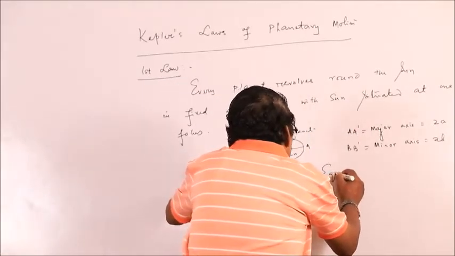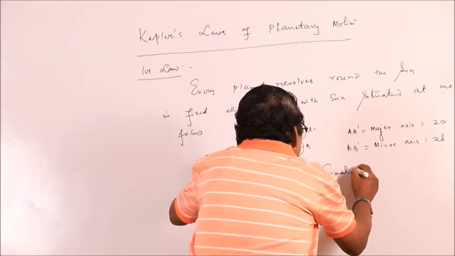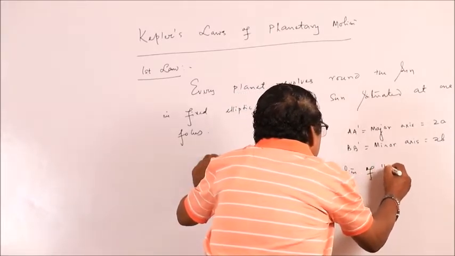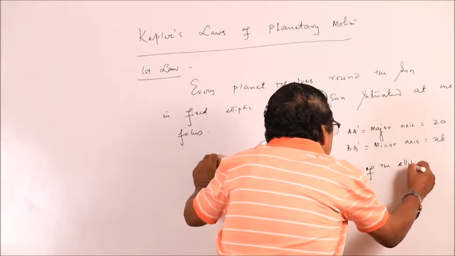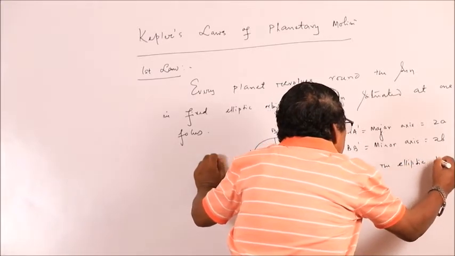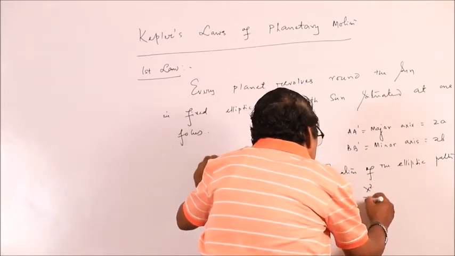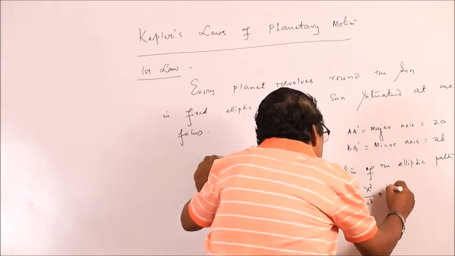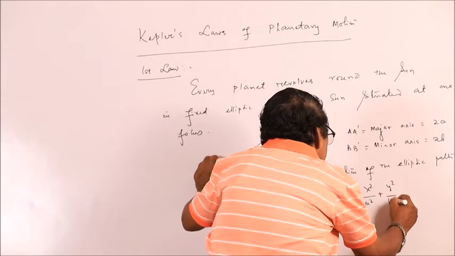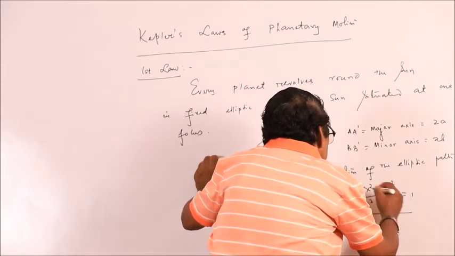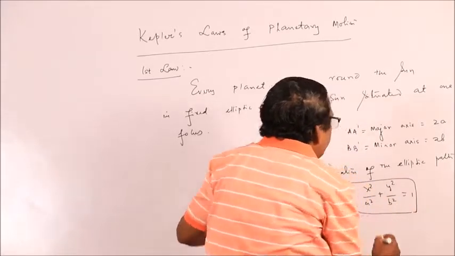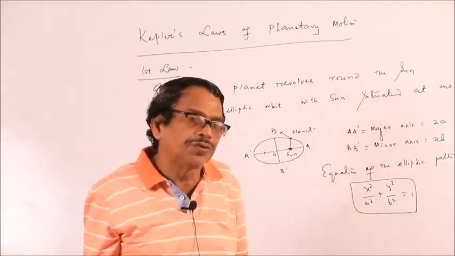Equation of the elliptic path is x square by a square plus y square by b square is equal to 1. This is the equation to the elliptic path. For different planets, there are different elliptic orbits.